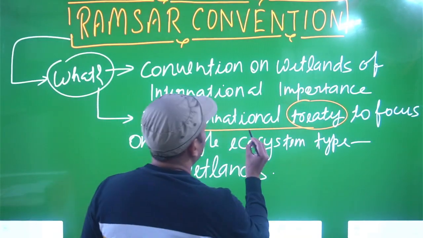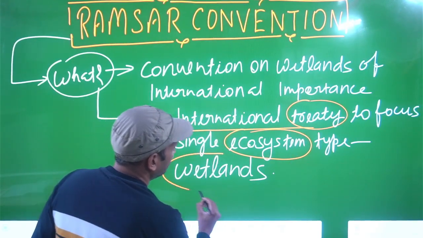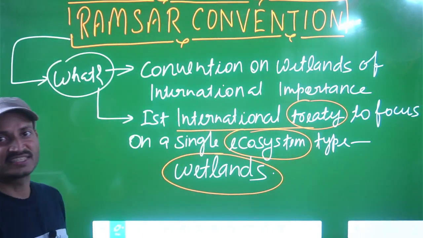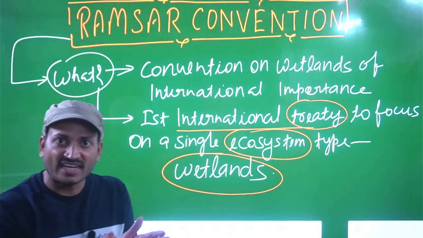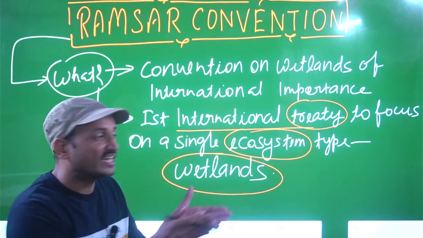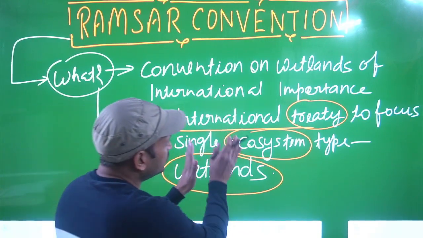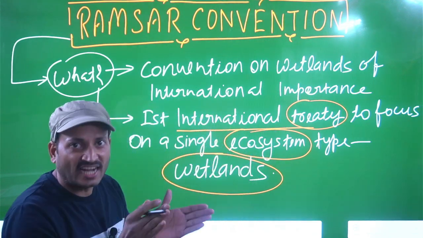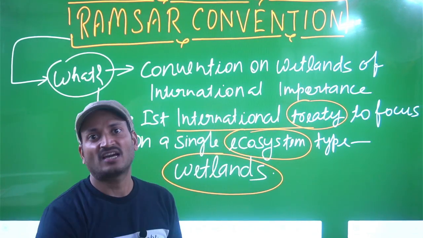The second one is ecosystem. And the next is the mandate of this convention, that is wetlands. Until and unless we do not understand these three key terms, we cannot fully understand the Ramsar Convention. So first of all, we should decode these terms and try to understand the essence of these terms as per the requirement of our exam.